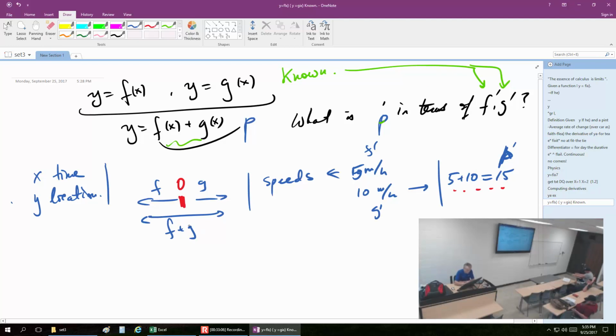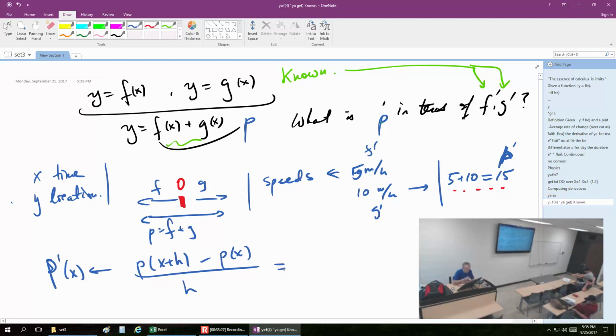So if I'm looking at p prime of x, it will be the limit of p of x plus h minus p of x, over h.